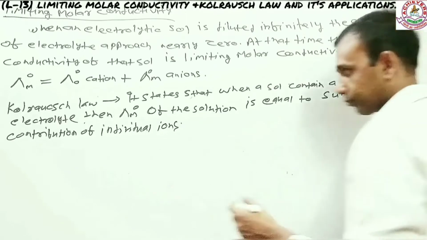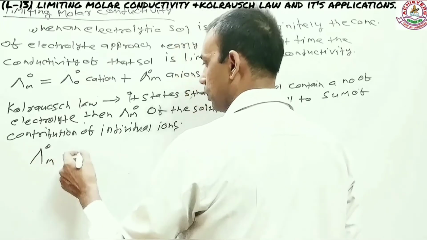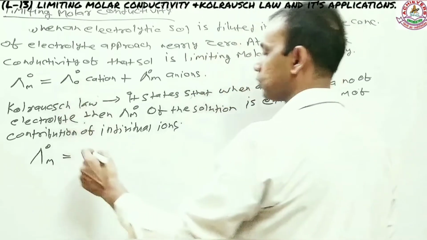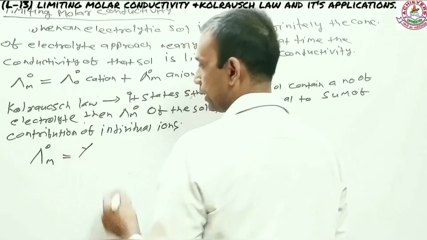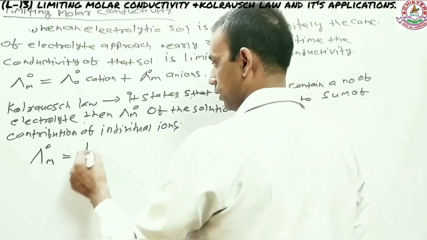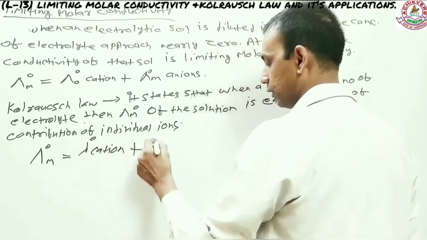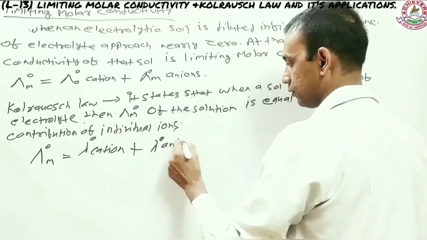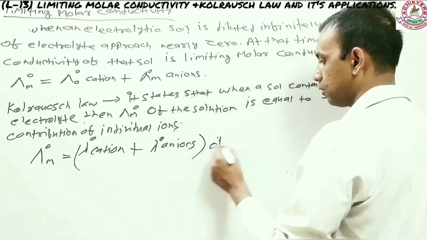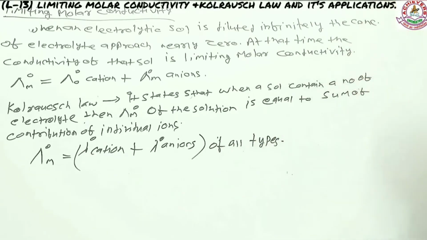The same equation I'm going to repeat here: limiting molar conductivity, sometimes also represented by gamma, is equal to the limiting molar conductivity of cations plus the limiting molar conductivity of anions of all types. So this is what the Kohlrausch law is.